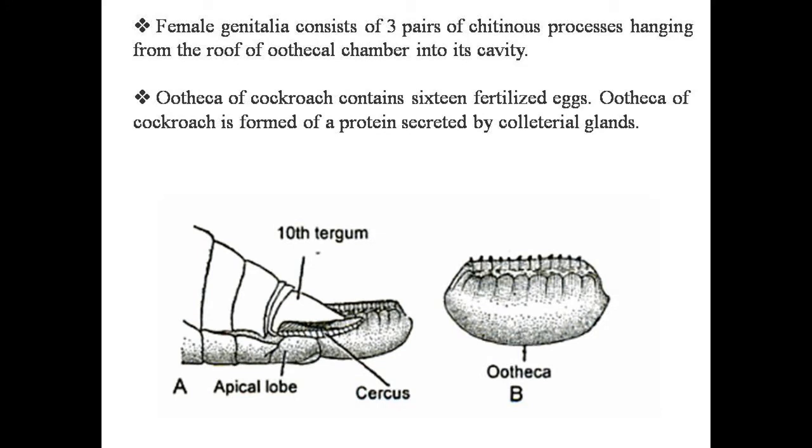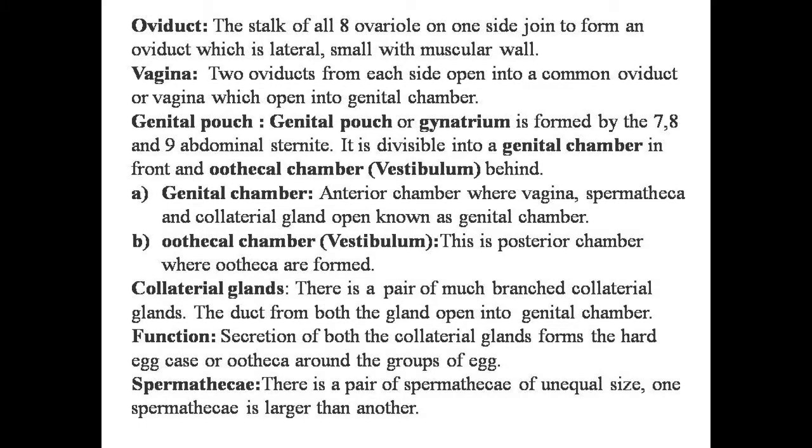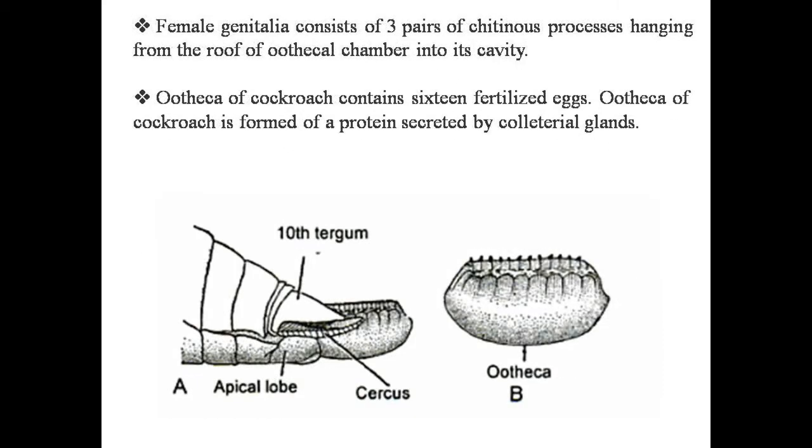The female genitalia consist of 3 pairs of chitinous processes hanging from the roof of the oothecal chamber into its cavity. The ootheca is a specialized part made up of protein secreted by the collateral glands, and it comprises 16 fertilized ova or eggs.